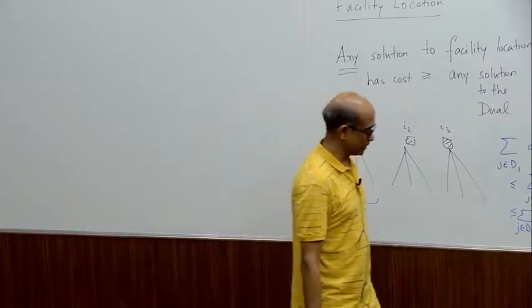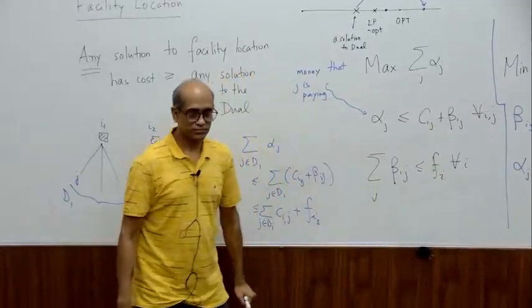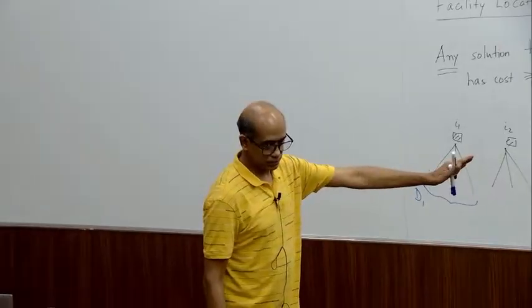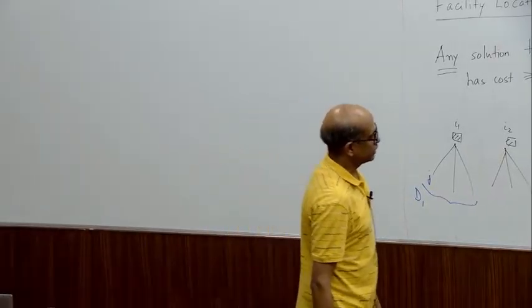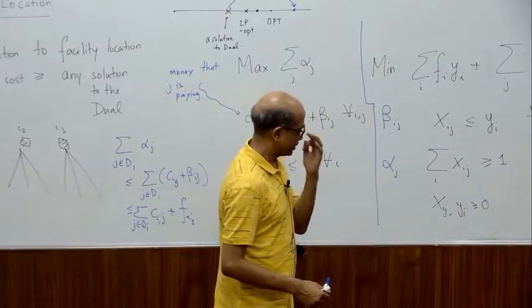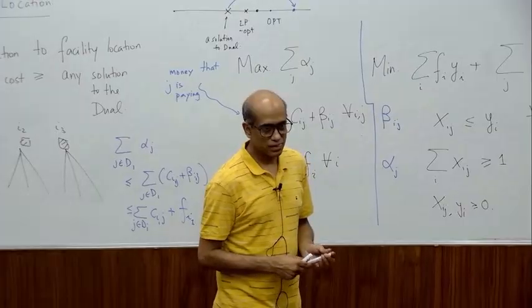So suppose you give me an optimal solution here and an optimal solution here. Both of them are optimal solutions to the LP and its dual, right? Now the point is this. Do you know complementary slackness?